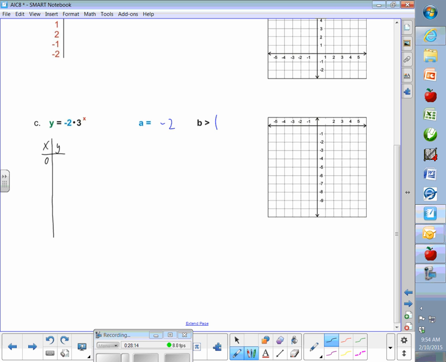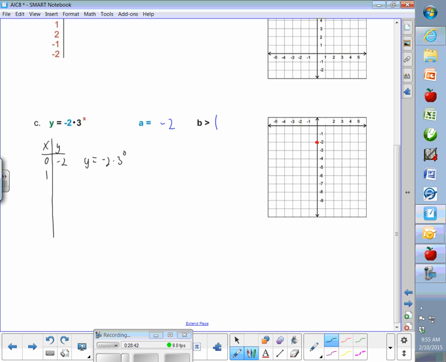Start with 0. Every one of mine started with 0, right? So this is what you do. Y equals -2 times 3 to the 0. So what do you get when you multiply -2 times 3 to the 0? -2. And I would right away plot my point at 0, -2. I do it right away. Helps me to see what's going on.